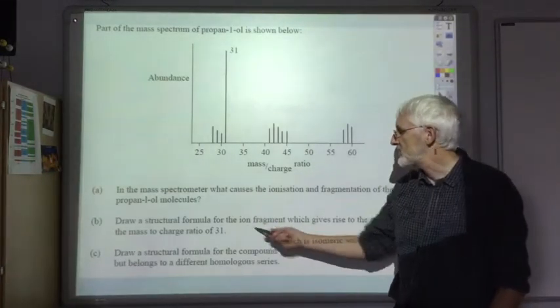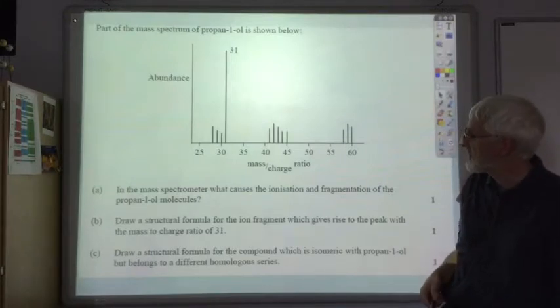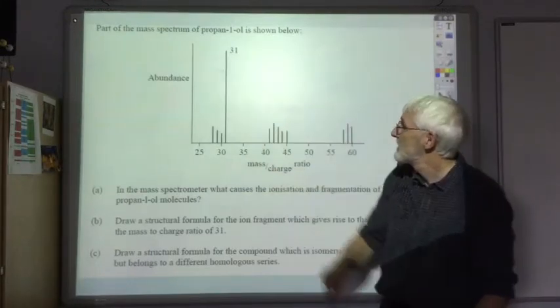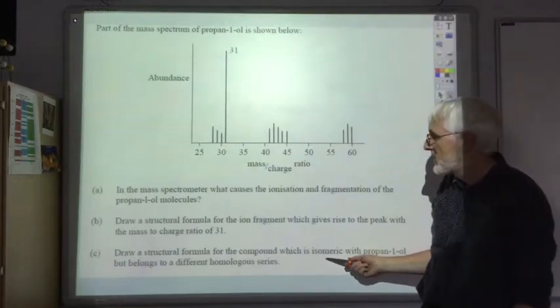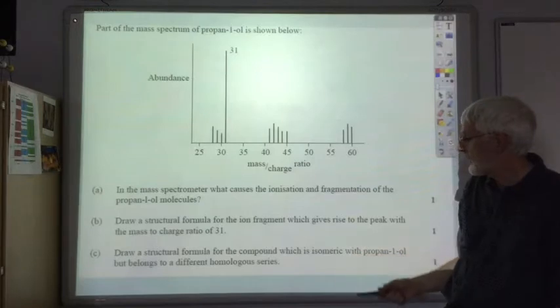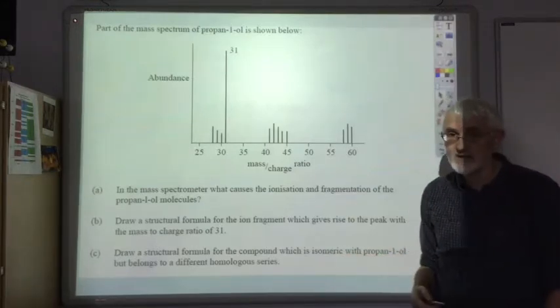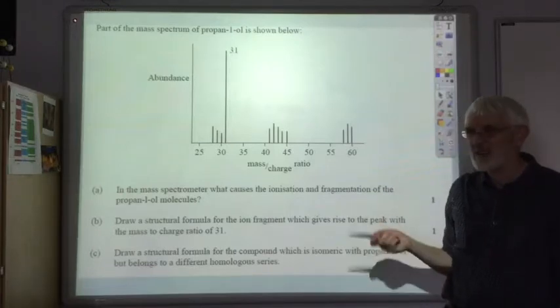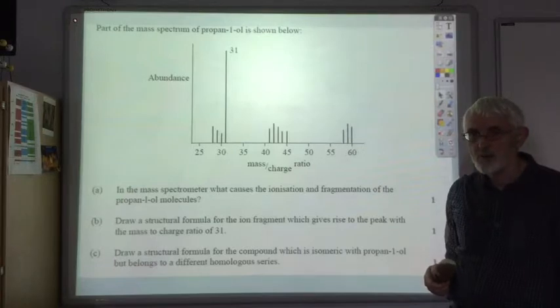B, draw a structural formula for the ion fragment which gives rise to the peak with the mass to charge ratio of 31. And finally, which has nothing to do with mass spectrometry, draw a structural formula for the compound which is isomeric with propan-1-ol but belongs to a different homologous series. So pause the tape, come up with answers to those questions, then we'll go over it in a minute.